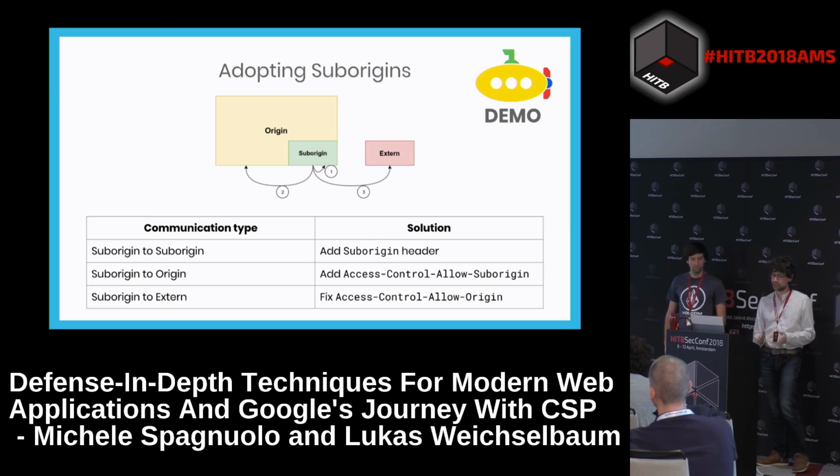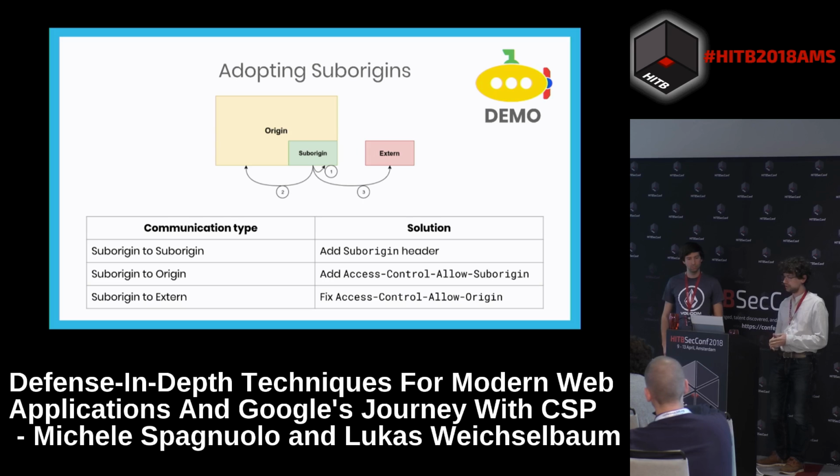In case of communication suborigin to suborigin, the other page, the other document, should just have declared the same suborigin via the suborigin header. So this makes them both part of the same suborigin and everything works.